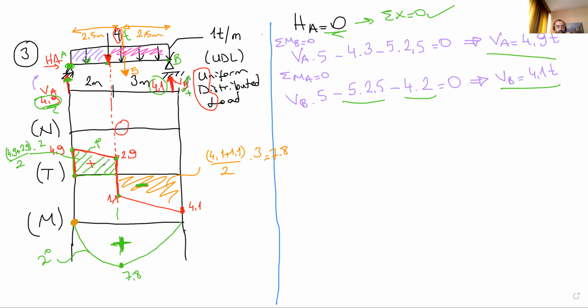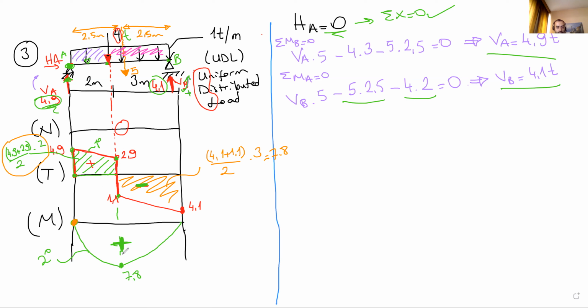So we are going to calculate the area under the shear force diagram. Take a look at the area shaded green here. The area calculation is given here. This is a trapezoid section. It's easy. This plus this, 1 over 2, the average of these 2 lengths times the distance here. If you make this calculation, you are going to see this is 7.8.